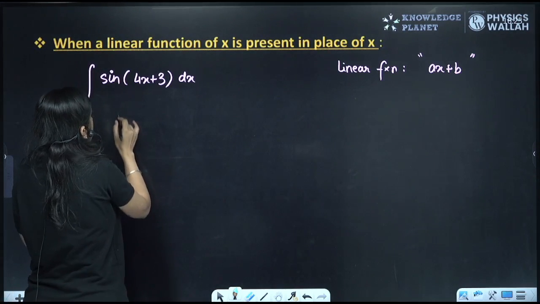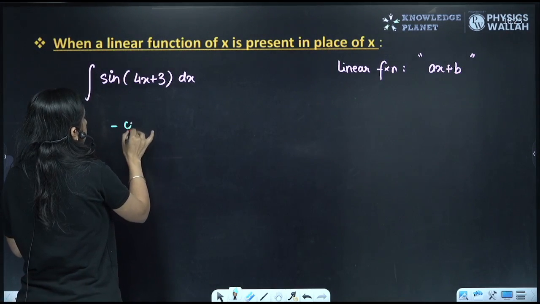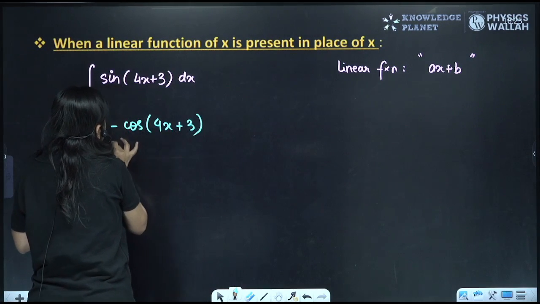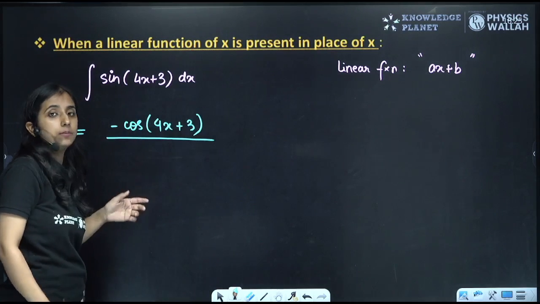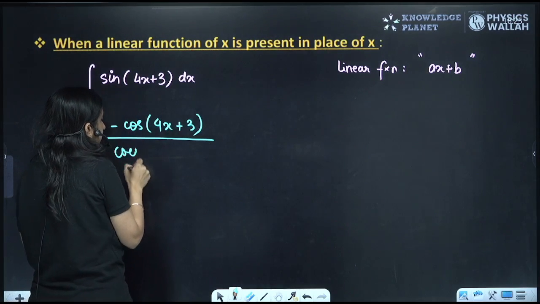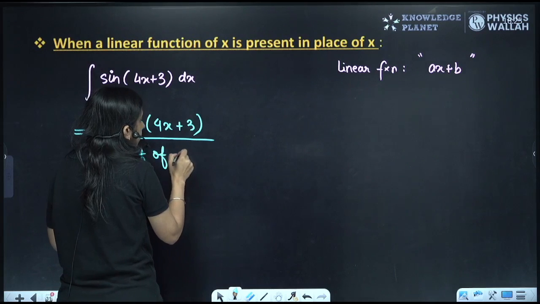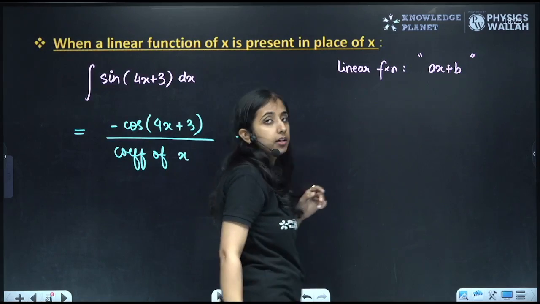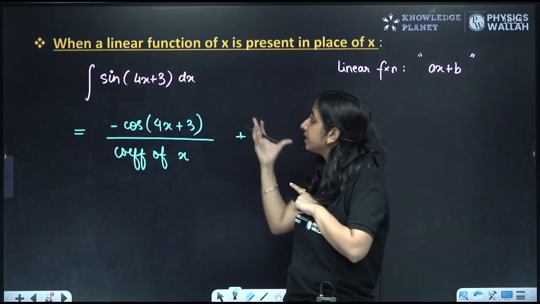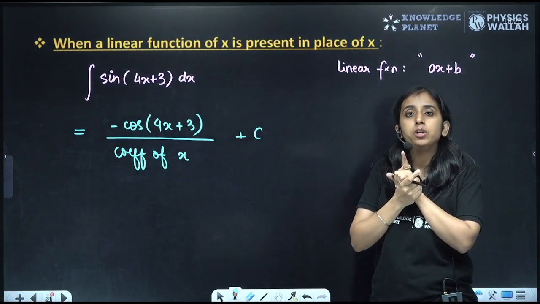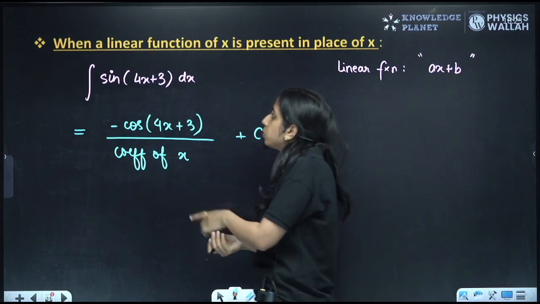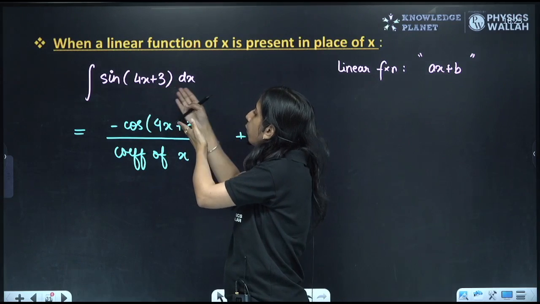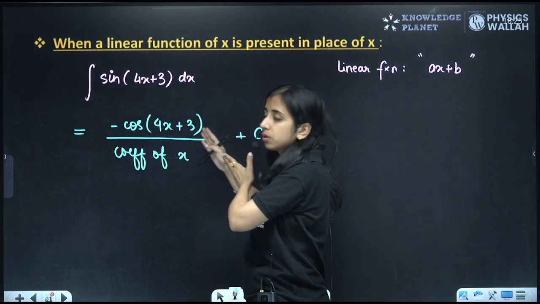So the integration of sine of 4x plus 3 will be minus cos of 4x plus 3.